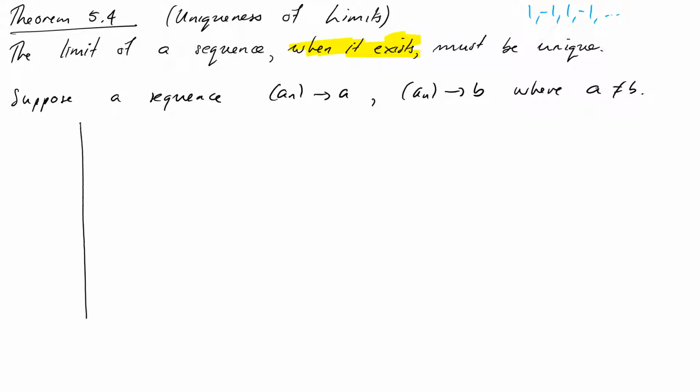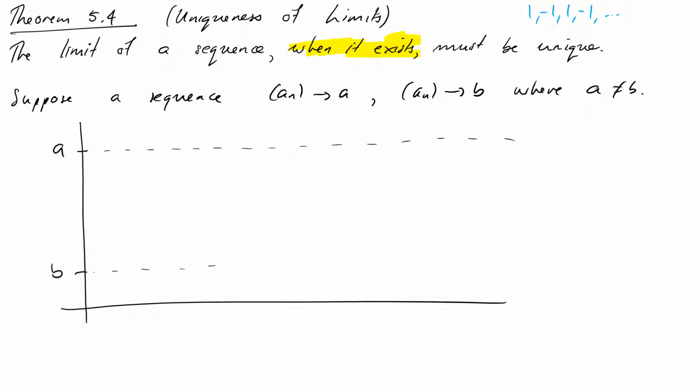So let's have a look at what this would mean. So I'm going to draw some axes. I'll put A and B on here reasonably far apart so that I've got a bit of space. So remembering what our definition said, I can choose an epsilon greater than 0 so that if I go far enough along in my sequence, I am within epsilon of my limit. So you can see that this is not going to work.